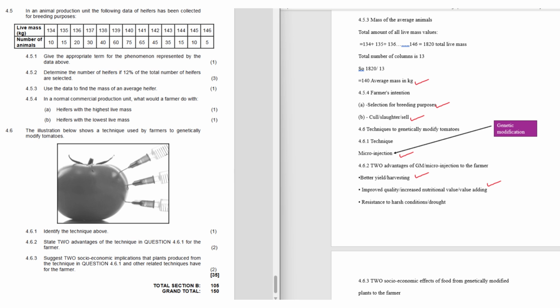It increases production of crops and improves the characteristics of crops to have more quality and be more nutritional. Because we need two, we have to separate them. A: increase the yield of crops. B: improve the characteristics of crops to have more quality and more nutrition.